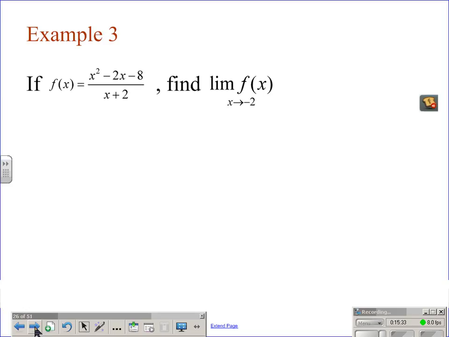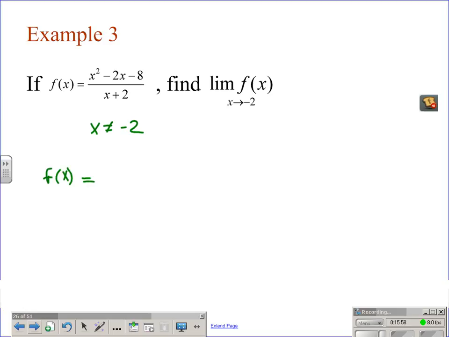Again, we have a rational function because you've got one polynomial divided by another polynomial, or the quotient of two polynomials. This time we're looking for the limit of f of x as x approaches negative 2. You notice in this case that for f of x, x equals negative 2 is not in its domain. So if it's not in its domain, then we need to figure out what to do. So we're going to use a limit theorem.